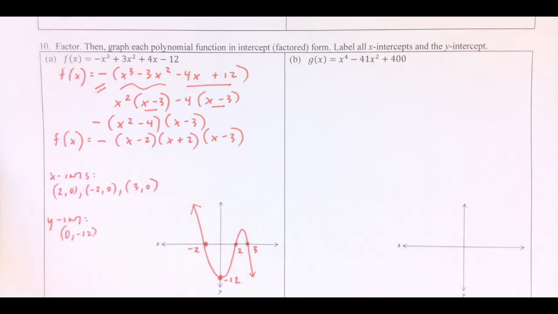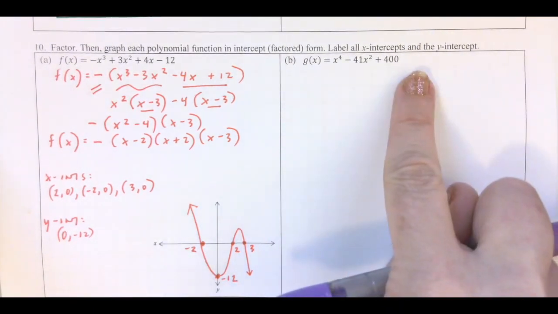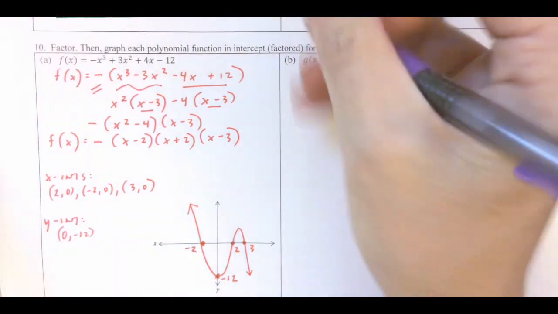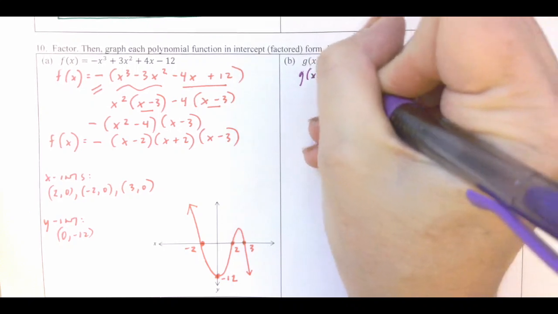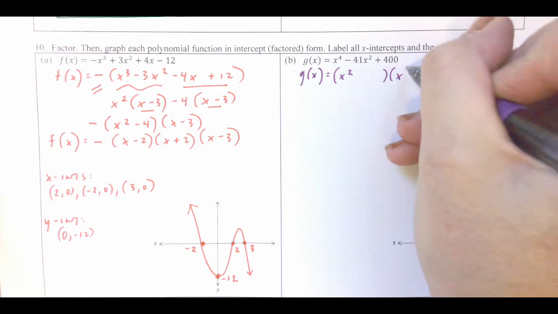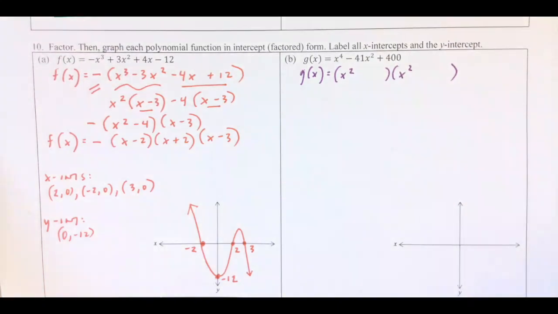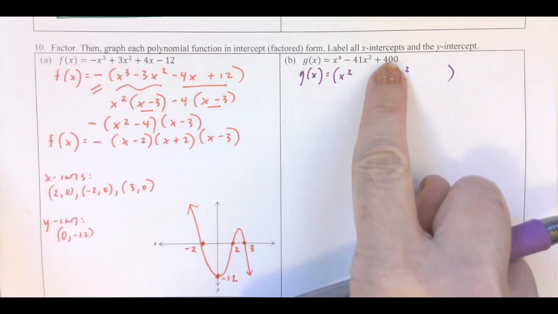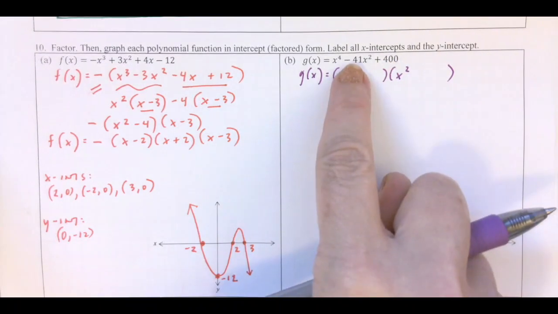Okay, last one. This one looks like it's quadratic-like. So it should be x squared and x squared in those first two spots. I need something that multiplies to a positive 400 that adds to a negative 41.